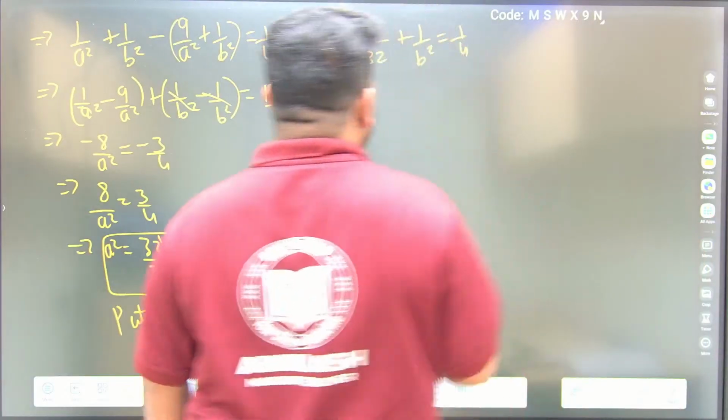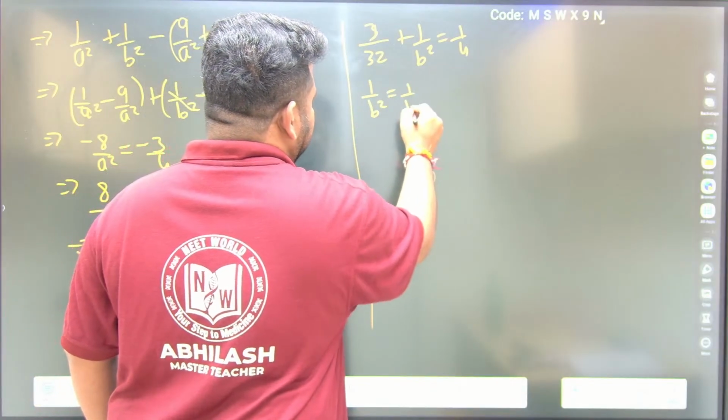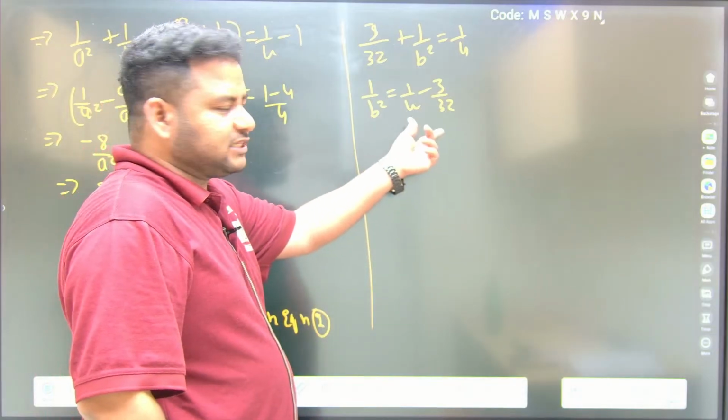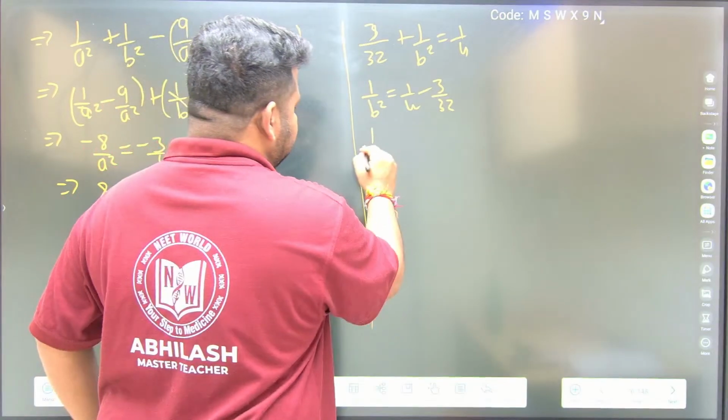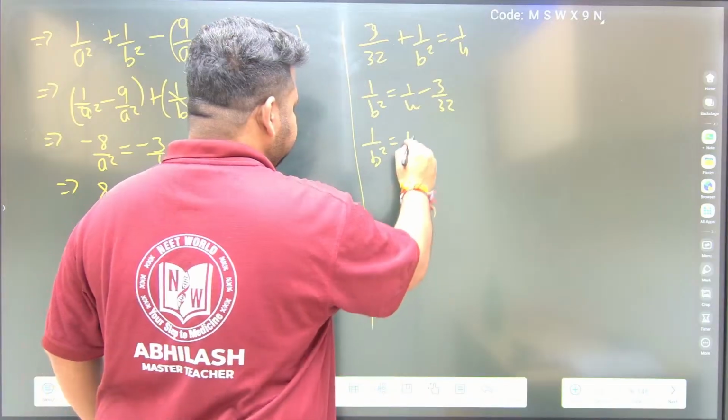Now 1 by b square is equal to 1 by 4 minus 3 by 32. The LCM is 32, since 4 will divide 32. So 1 by b square is equal to, we are having LCM 32.